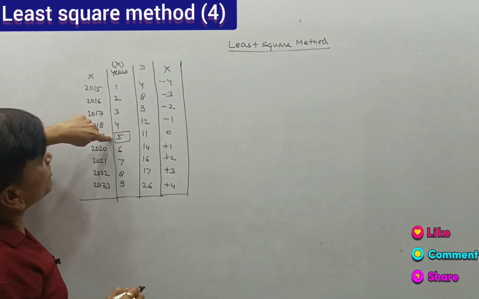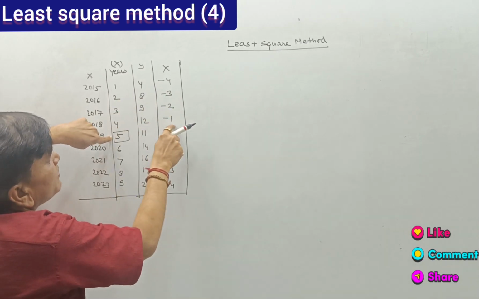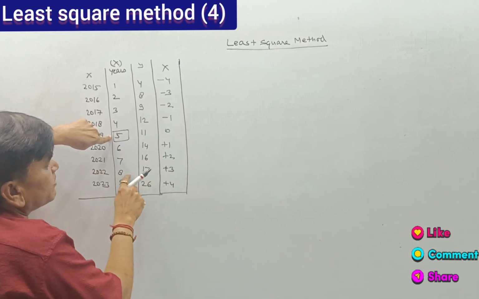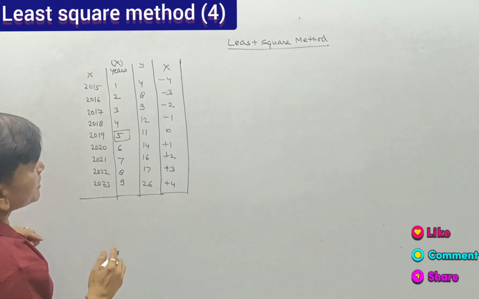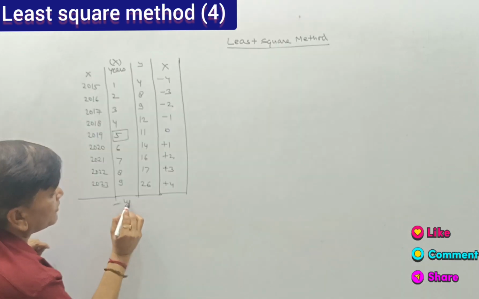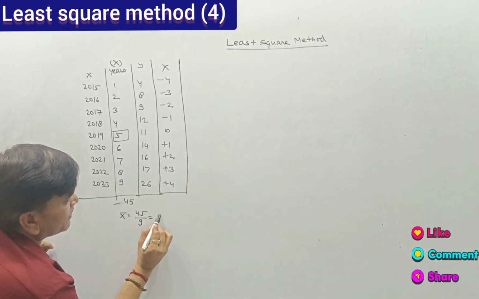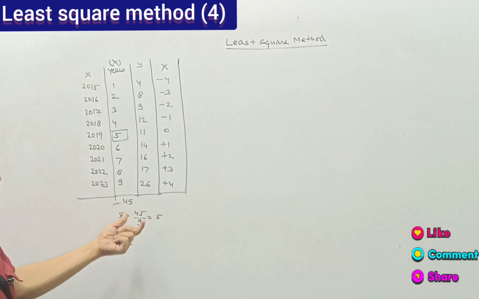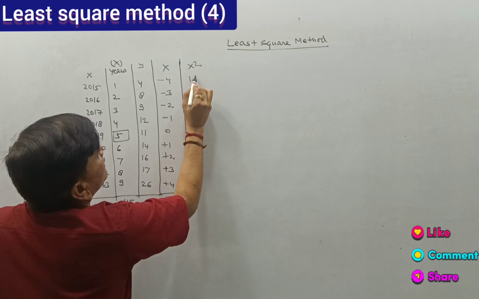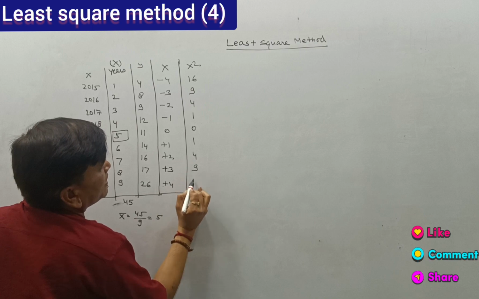Just go to the middlemost number: 1 minus 5 is minus 4, 2 minus 5 minus 3, 3 minus 5 minus 2, 4 minus 5 minus 1, 5 minus 5 is 0, 6 minus 5 plus 1, 7 minus 5 plus 2, 8 minus 5 plus 3, 9 minus 5 plus 4. The addition of these is 45, so x bar is 45 divided by 9, that is 5. So from the arithmetic mean we are getting the deviation. Now x square is required: 16, 9, 4, 1, 0, 1, 4, 9, 16.